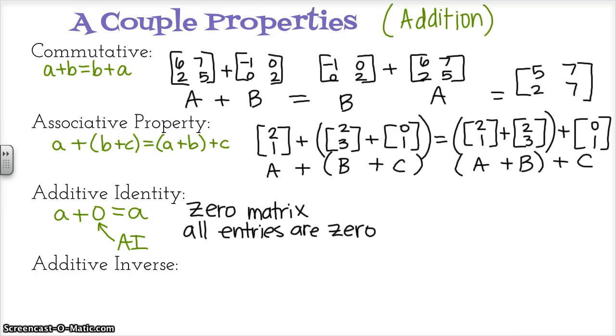We also have something called the additive inverse. Okay, in terms of numbers, the additive inverse was the opposite. In terms of matrices, we have an additive inverse of a matrix. Okay? Each entry is the opposite.